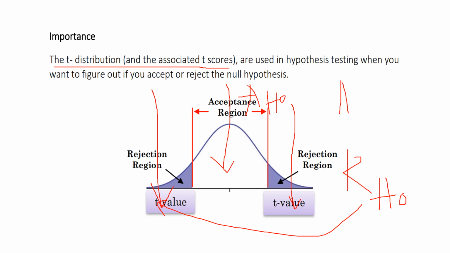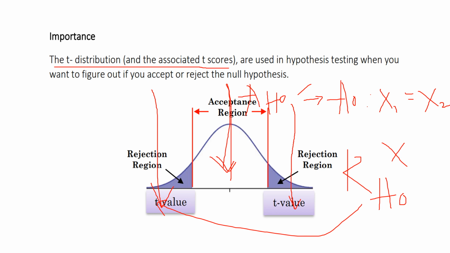If your null states that x sub 1 is equal to x sub 2, for example, then if your computed t falls in the rejection region, you're going to reject this. If your computed t falls in your acceptance region, or the non-critical region, you're going to accept your null. You're going to adopt that x sub 1 is equal to x sub 2.